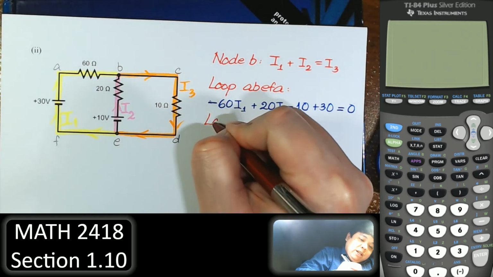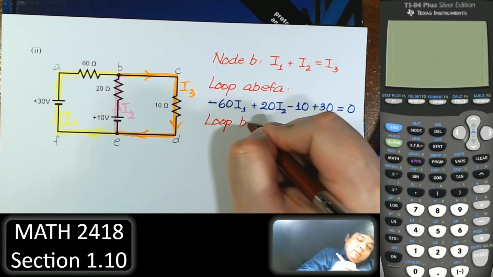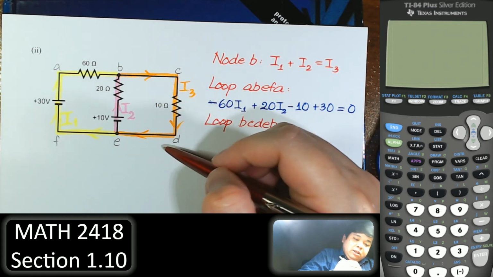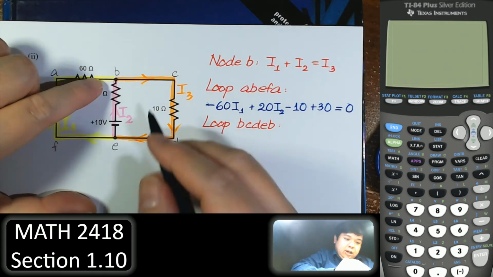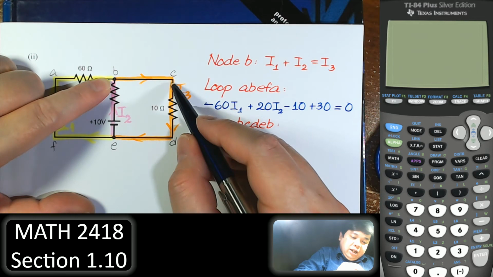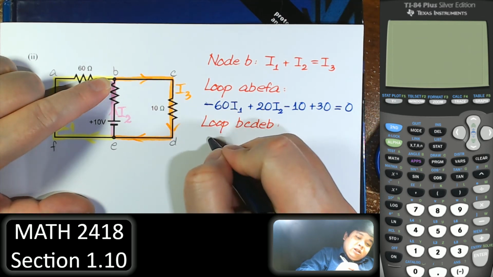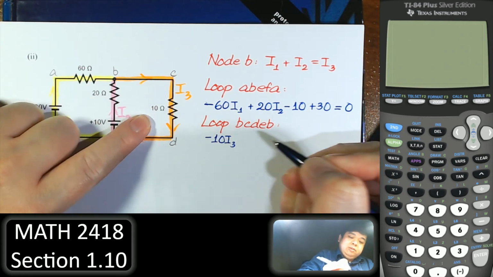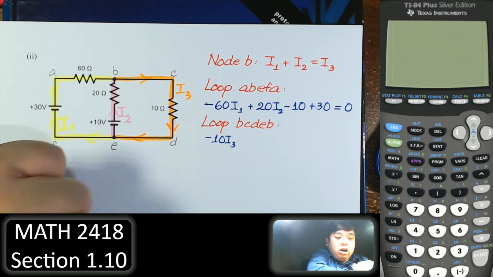And now look at the other loop. B, C, D, E, back to B. Right, there's nothing here. Now we go with the current, go through the resistor. So that minus 10 times I3. The voltage is 10 times I3, but with the current, that minus.